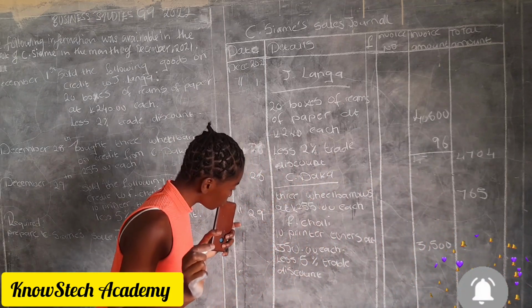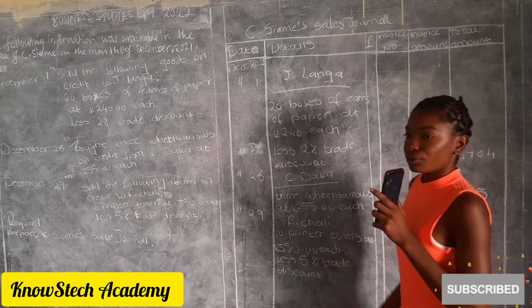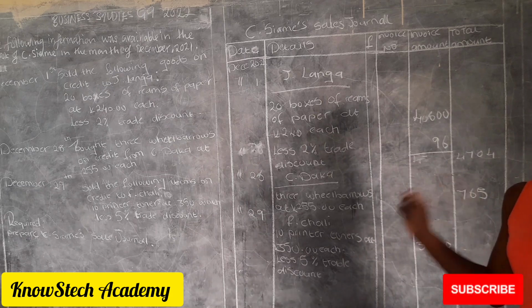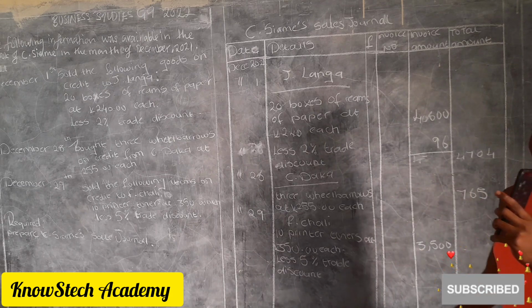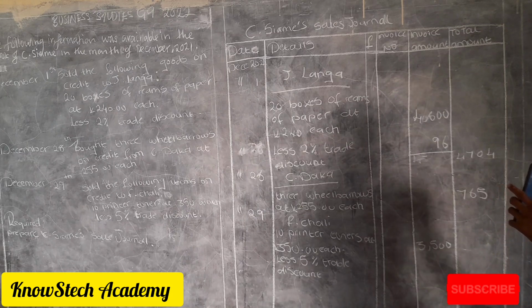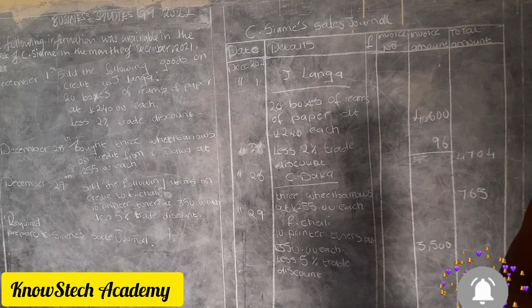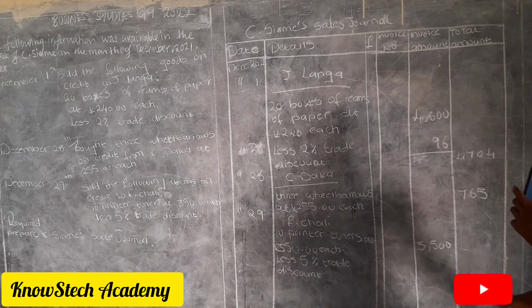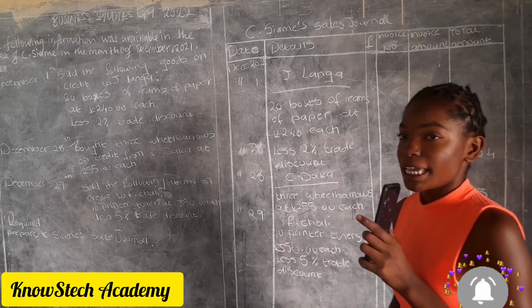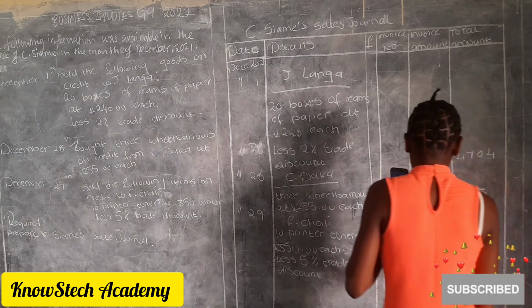Then we're going to find the 5% of our 3,500. We must always be careful when calculating, because sometimes we can make mistakes. It's 175.